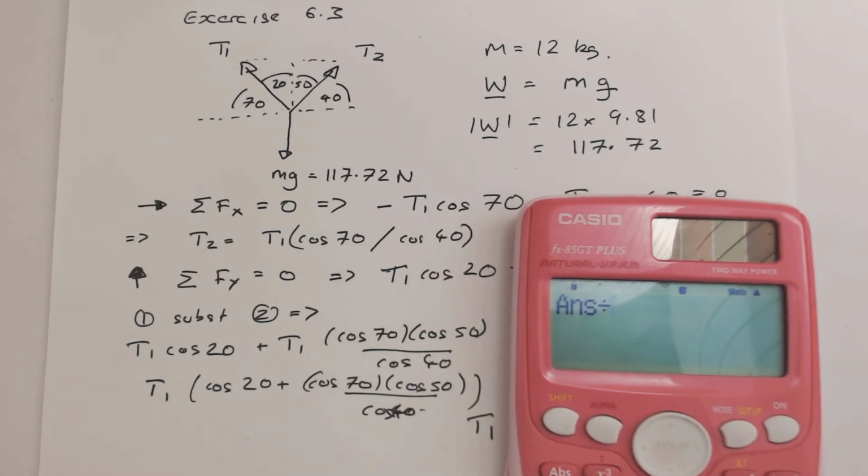So we open a bracket, cos 20, close that bracket, plus, don't need brackets here, so we've got cos 70, close that bracket, times cos 50, close that bracket, divide by cos 40, close that bracket, and then we need to close the bracket at the end, so close it again.